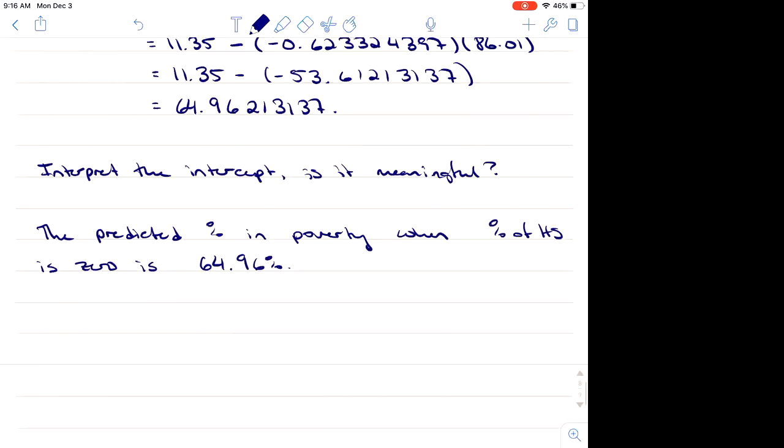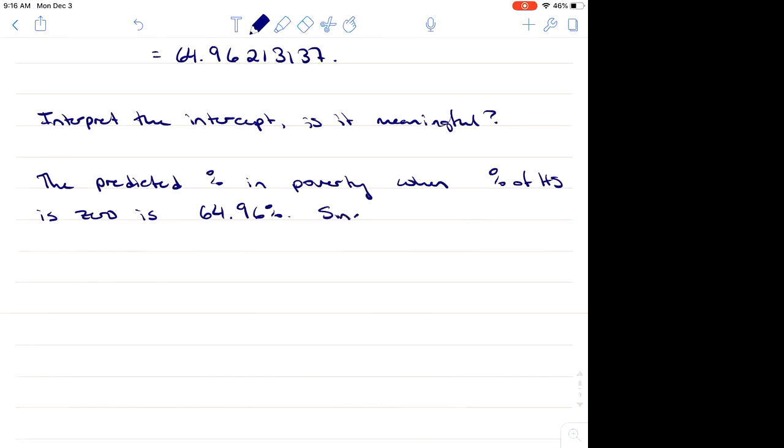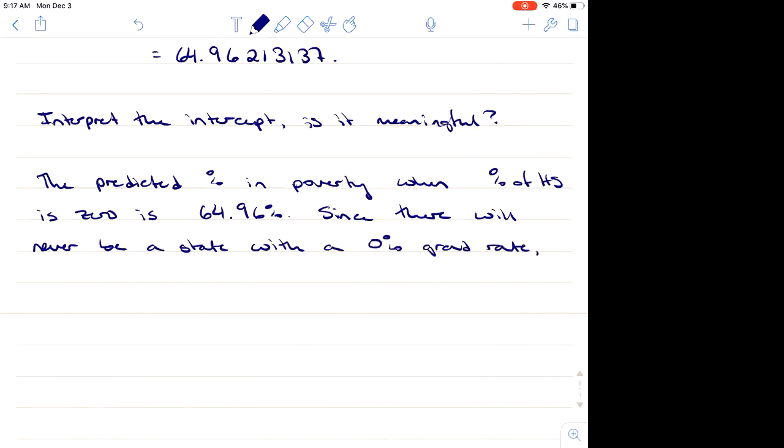So since there will never be a state with a 0% grad rate, the intercept is not meaningful.